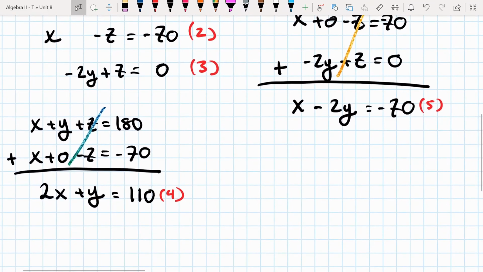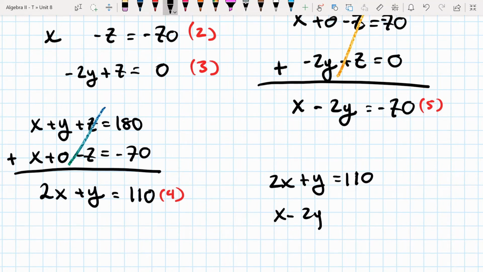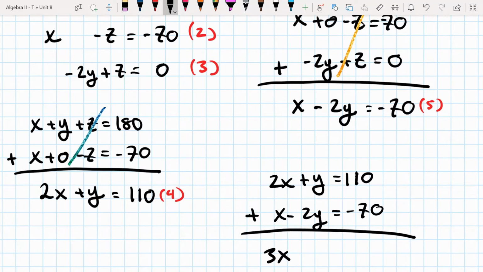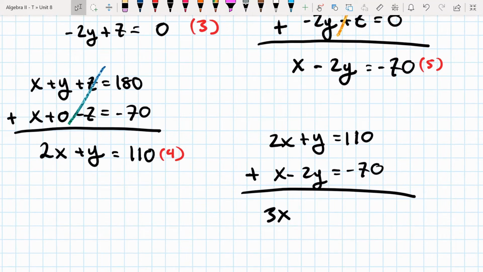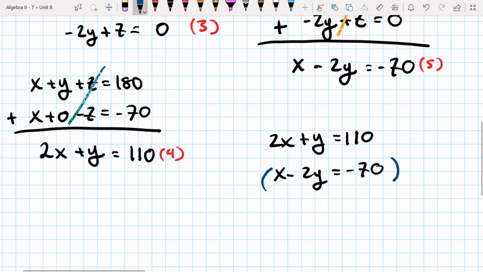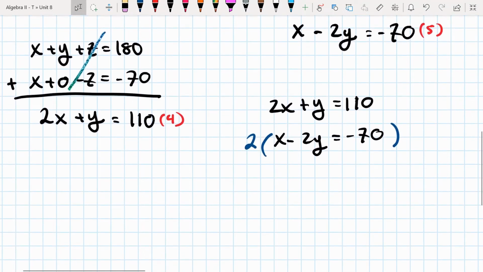And let's add these together. So equation 4 plus equation 5, we get 3x. Well, what we need to do is, actually, we can't just add these together. Let's actually multiply the first equation here by number 2, because if we notice the signs are opposite for the y terms.